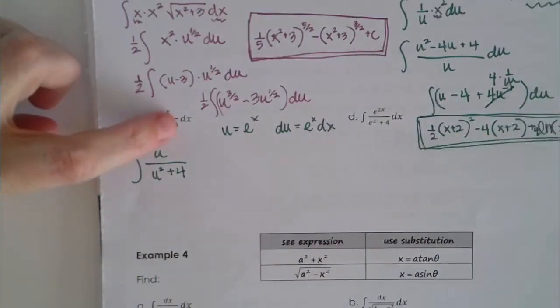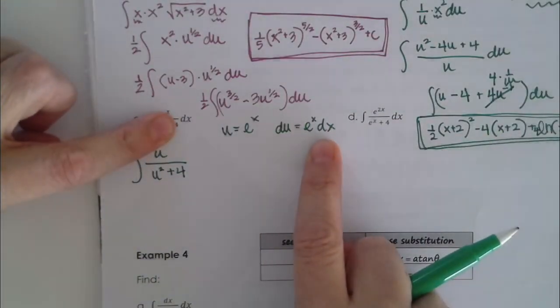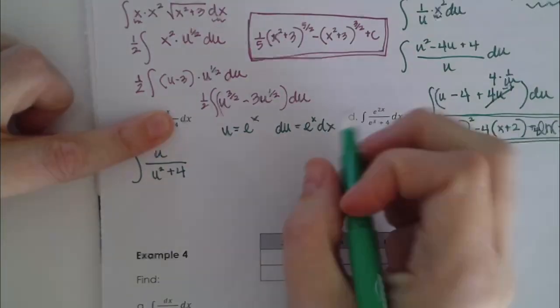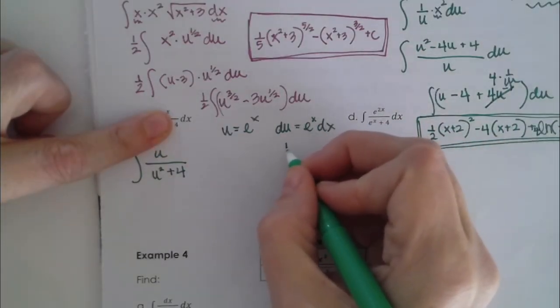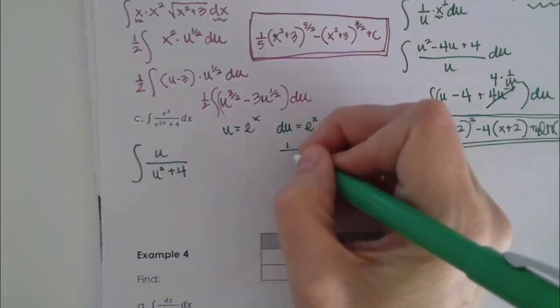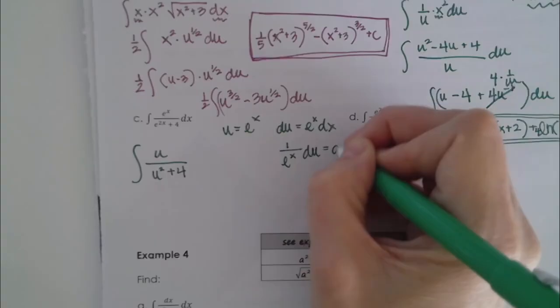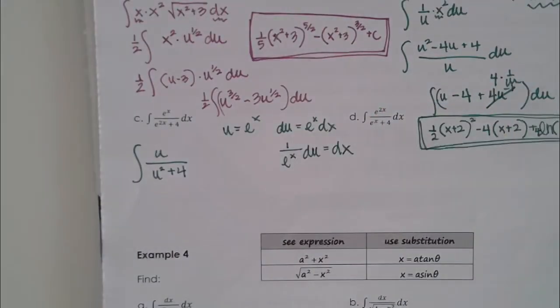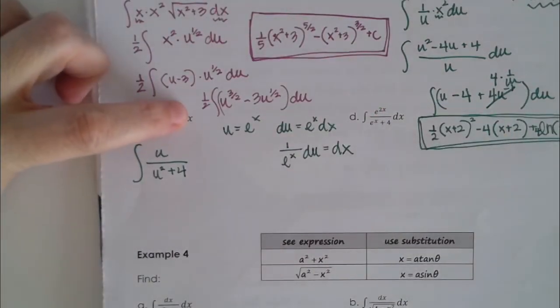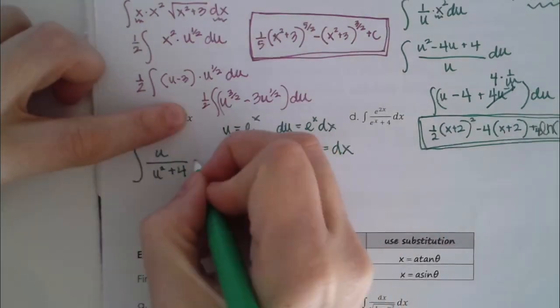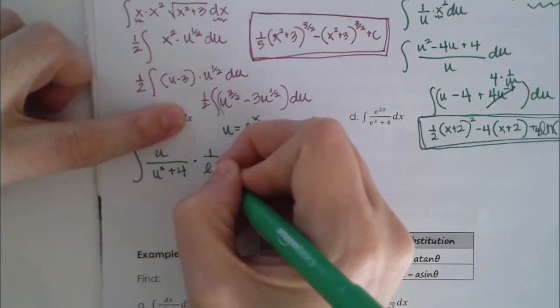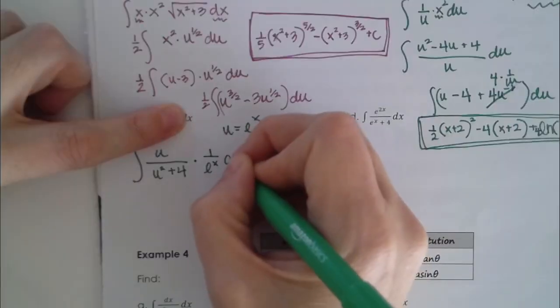And then my dx is not by itself right now. So I'm going to fix this by dividing by the e to the x. So 1 over e to the x du equals dx. That means dx needs to be replaced with my 1 over e to the x du.